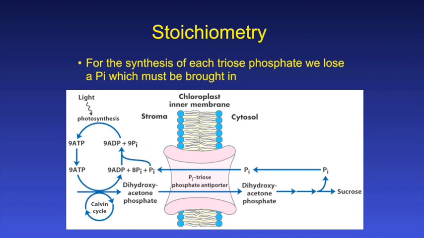One of the limiting factors for how well a plant grows is the amount of phosphate available. Has anybody gardened before? Have you ever bought fertilizer? And one of the key components in fertilizer is a concentration of what? Phosphate. That's one of the rate limiting steps in terms of how well a plant can actually grow.